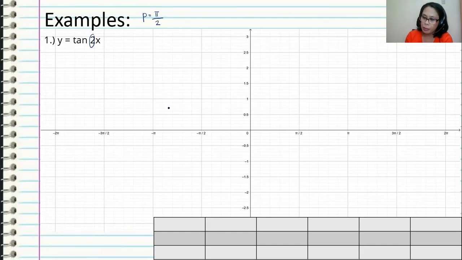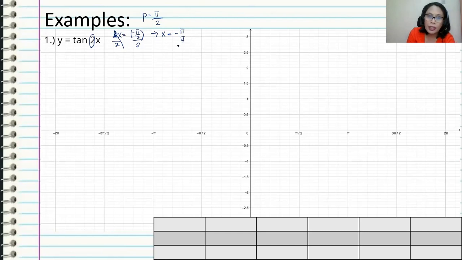So we have bx is equal to negative pi over 2, or this must be 2x now. So we'll divide both sides here by 2, and x equals negative pi over 4.